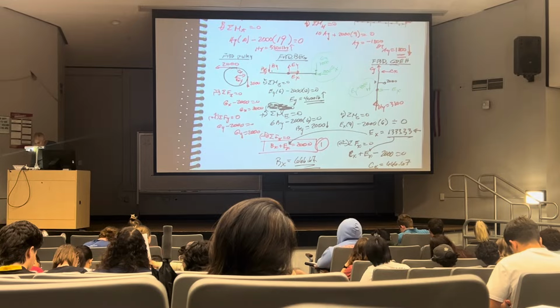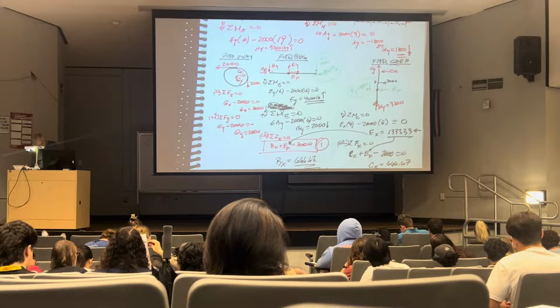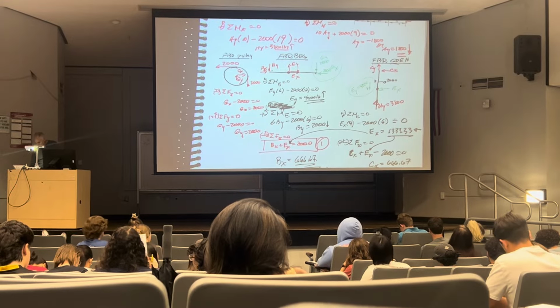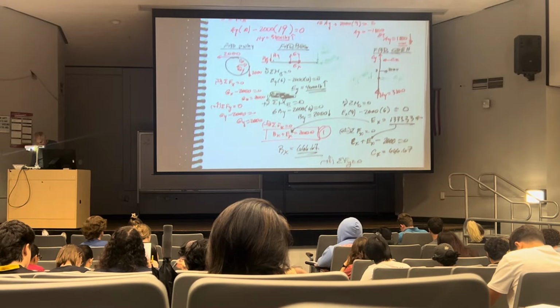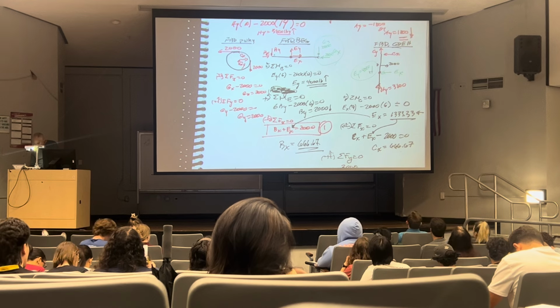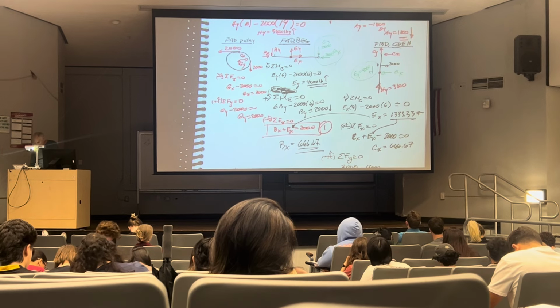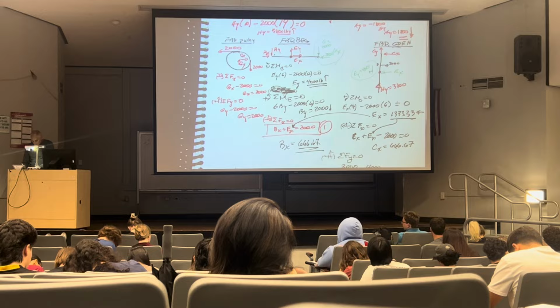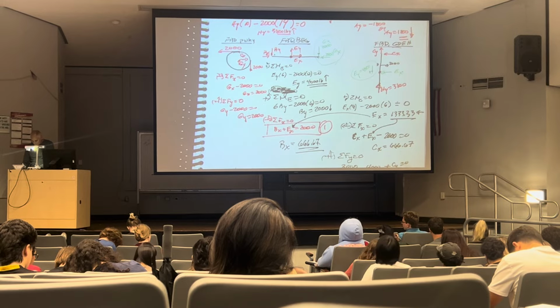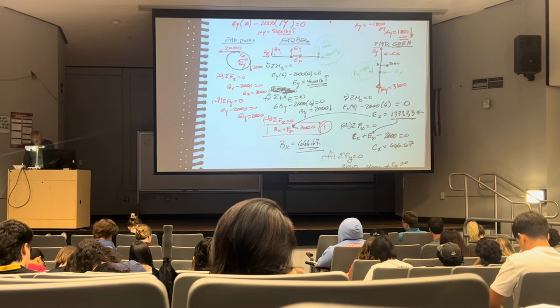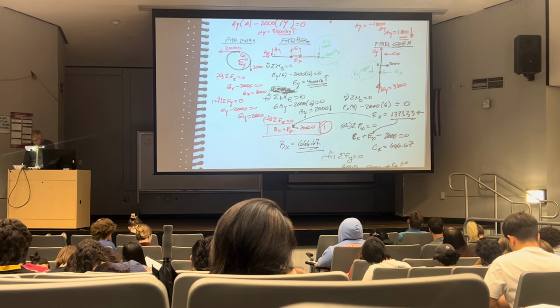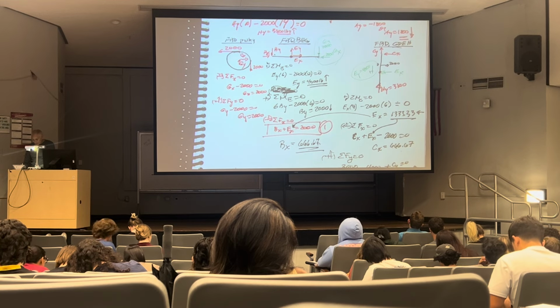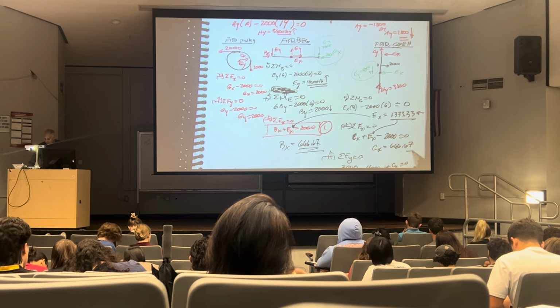Sum forces in the Y equals 0, positive up. That's going to say 3,800 from HY minus 4,000 from EY plus CY equals 0, or CY is equal to 200 pounds.